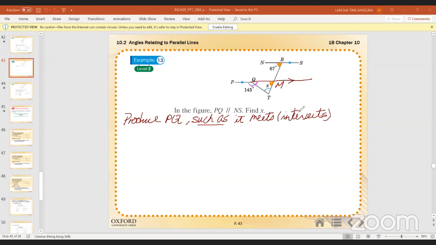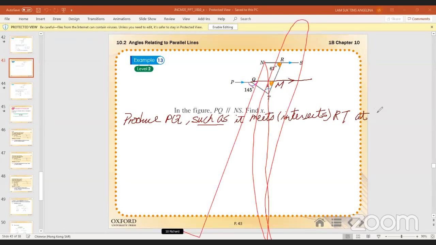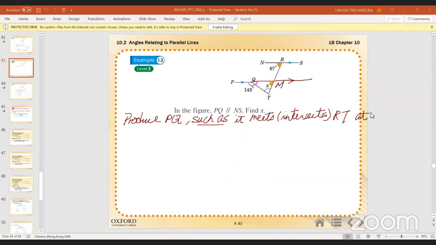So, produce PQ so that it intersects which line? RT, and then tell people where: at M. Here you tell people what you are going to do.